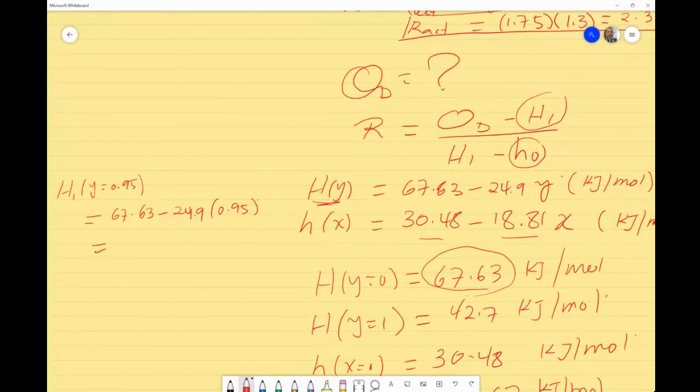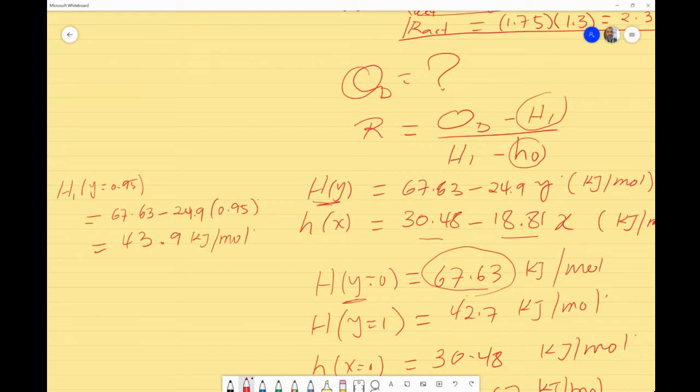Then I'm very close to this value here. As a matter of fact, it should be very close to this one, so it's 43 point something. It should be 43.9 or something like this. This is kilojoule per mole.